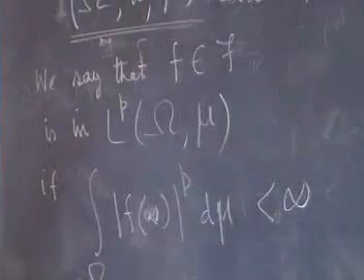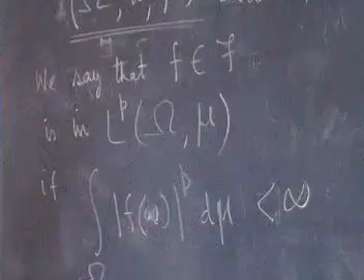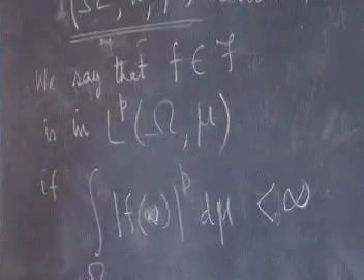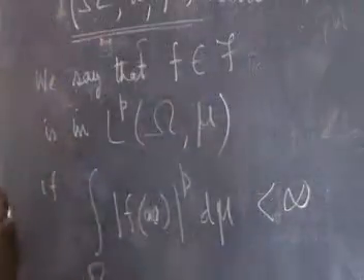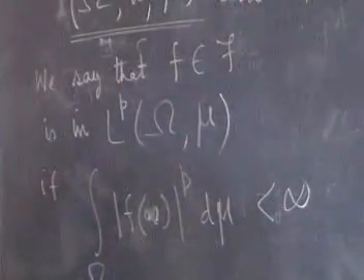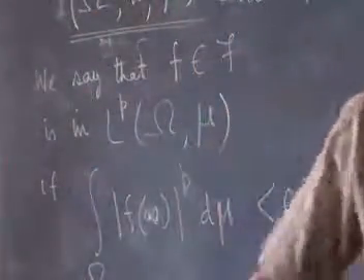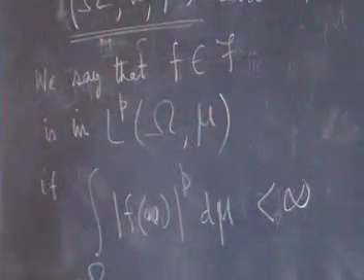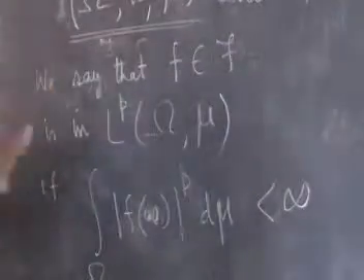If omega is a sample space, you are thinking of all the random variables. The integral is again the supremum over simple functions less than f, that's the same story. That is what is meant by the Lebesgue integral. All these are Lebesgue integrals. So whenever this is finite, we say that f belongs to L^p.